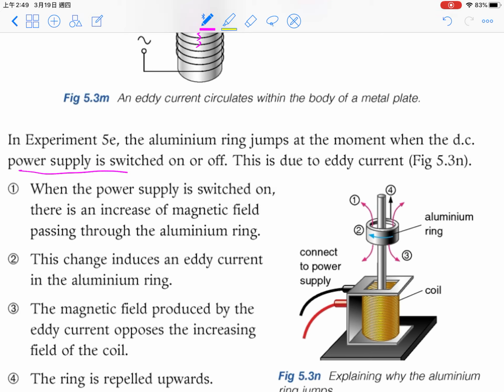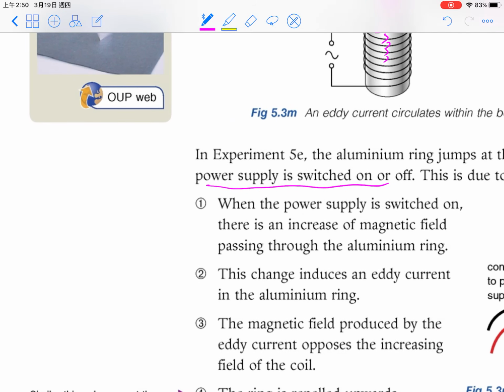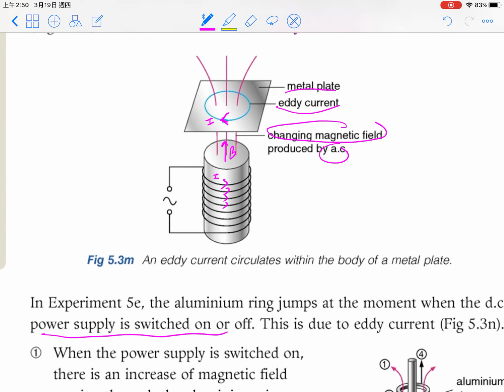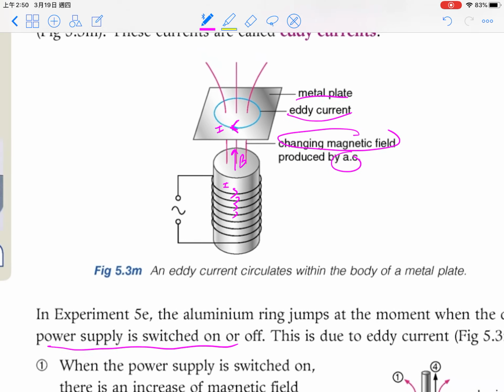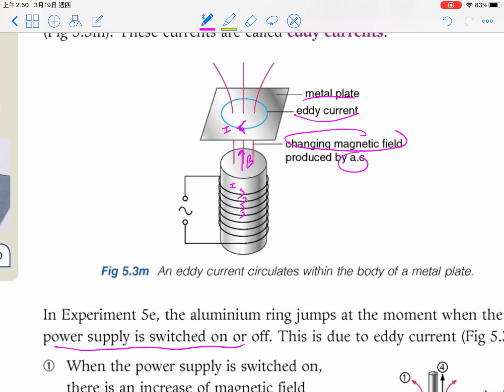However, if we use DC, the aluminum ring will only jump one time when we switch on the power supply. Do you know why? Now here, if you consider the metal plate to be a ring, if we have induced current like this in this direction, so here, south pole here.